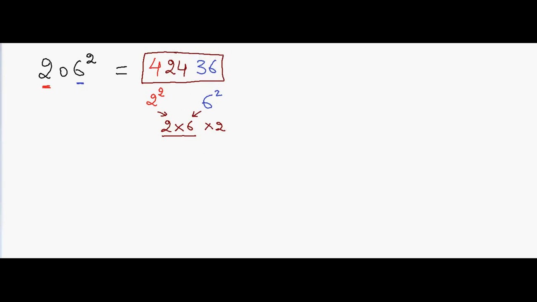Let me take another example. Suppose I have 409 and I want to do a square, in that case 4 square is equal to 16, 9 square is equal to 81, and 4 into 9 into 2, so 9 into 8, that is 72.